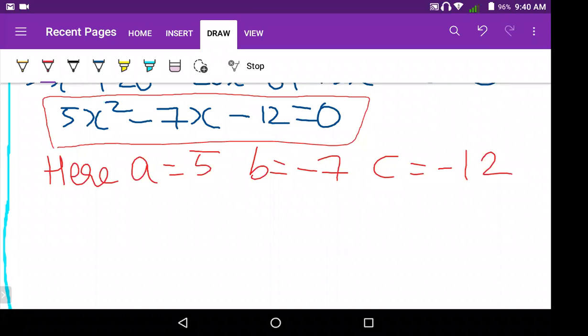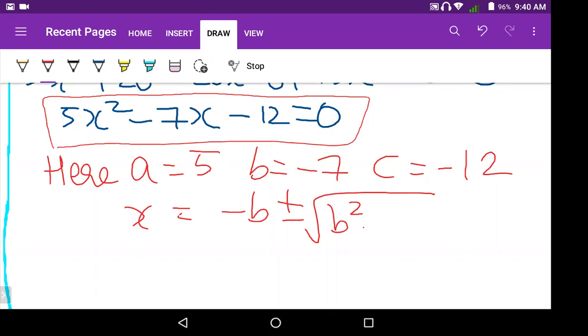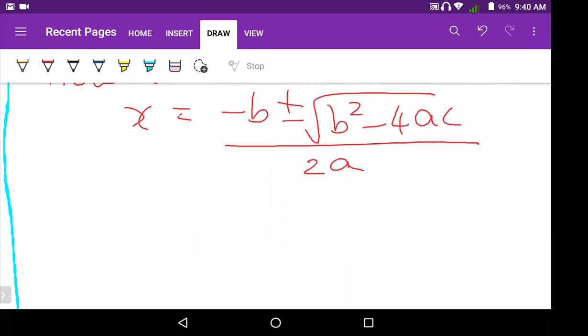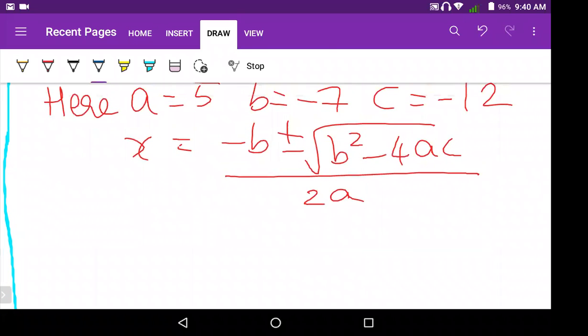Write down the formula. X is equal to minus b plus or minus square root of b square minus 4ac, whole divided by 2a. Yes, Purti, that you can consider. Okay. Next, let us apply all the numbers.